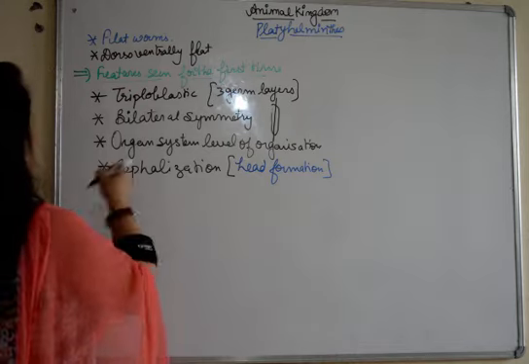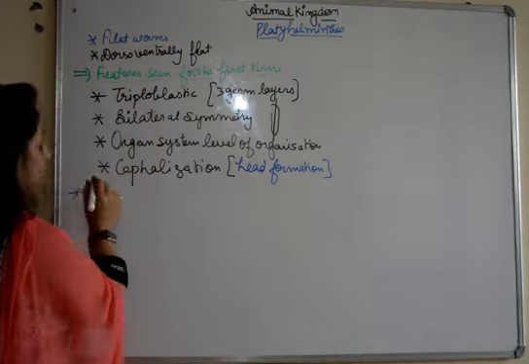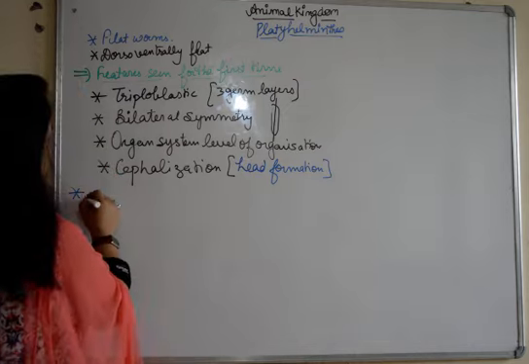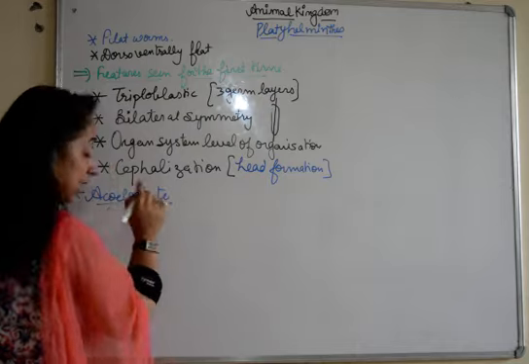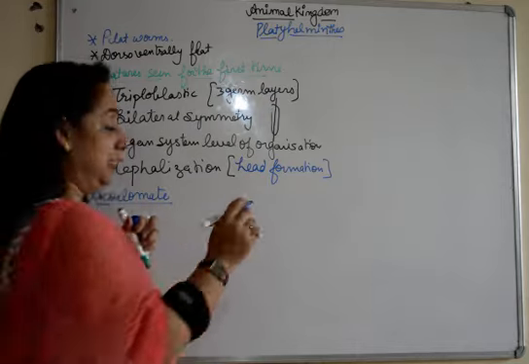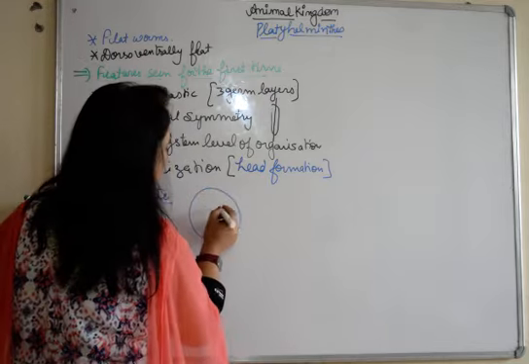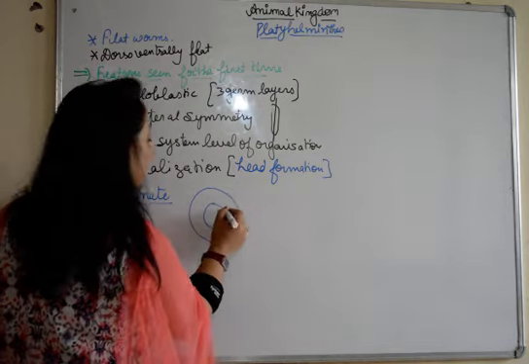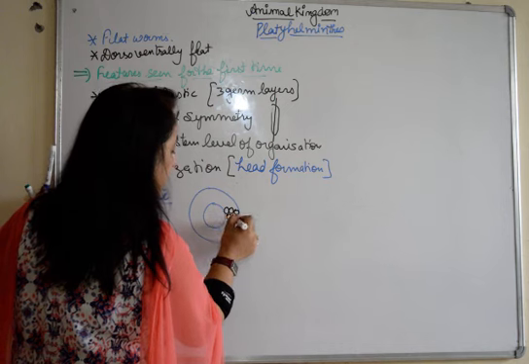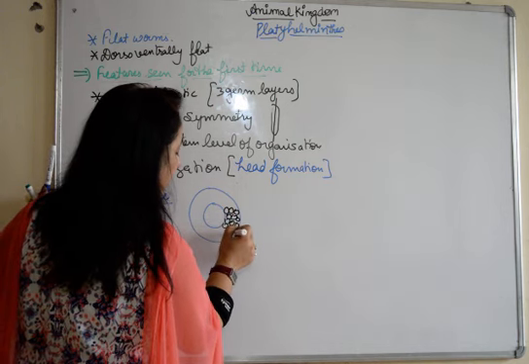Herein, these platyhelminths are acoelomate. But they have a body cavity. When we see the diagram, they have this body cavity, but this body cavity is filled with solid cells known as parenchyma cells.